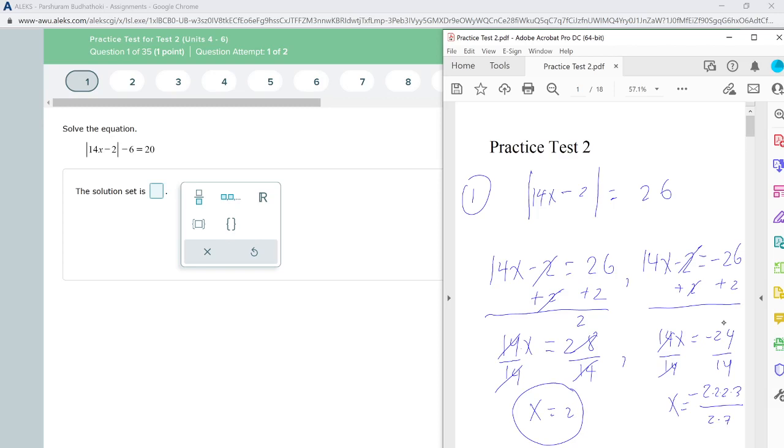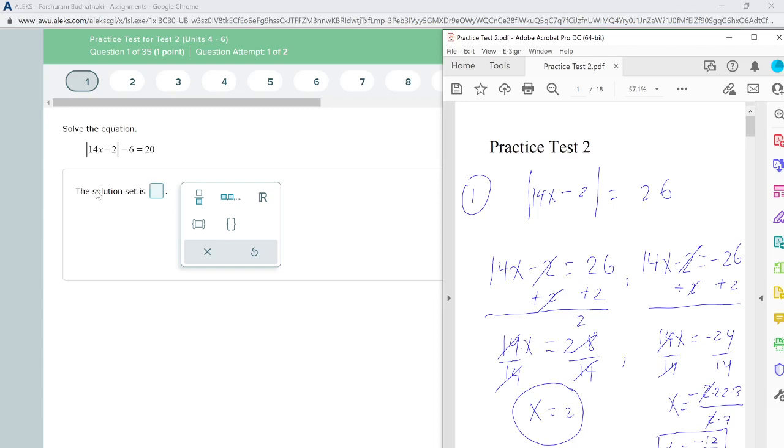These are the prime factors, so you can cancel the common factor on the top and bottom, and on the top the leftover is 2 times 2 times 3, which is 12, and on the bottom it's a 7. So these are the two possible answers for this equation: x equal 2 and x equal negative 12 over 7.